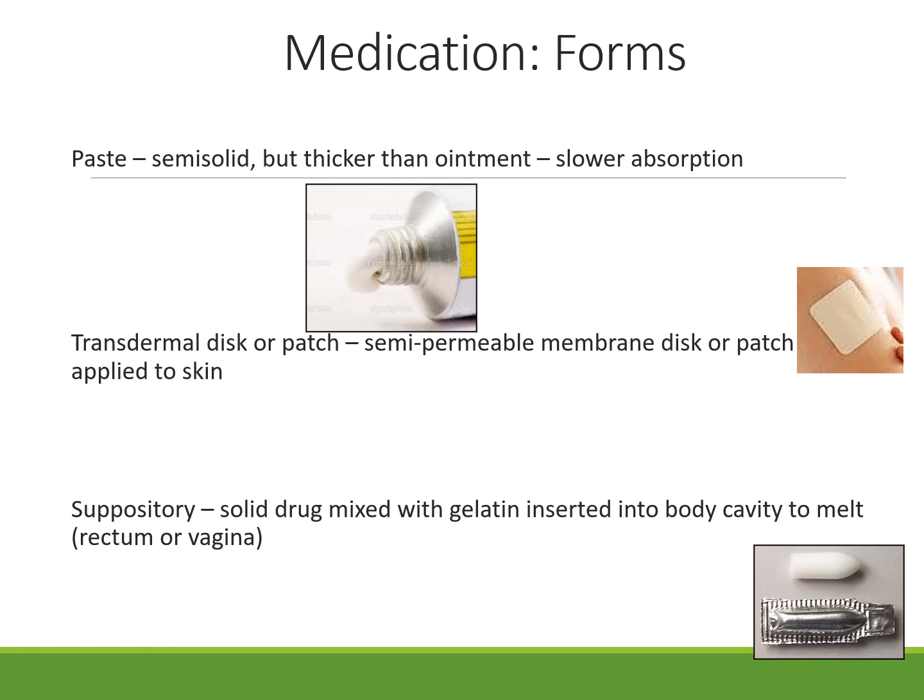Then we also have the transdermal patch. These are semi-permeable membrane discs or patches applied to the skin. Most commonly used patches are for burns. If you have heard of Tegaderm, these are transdermal patches for burns.